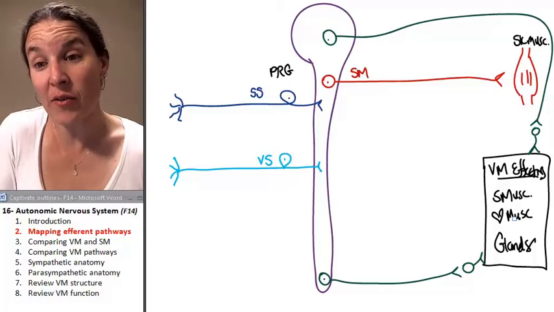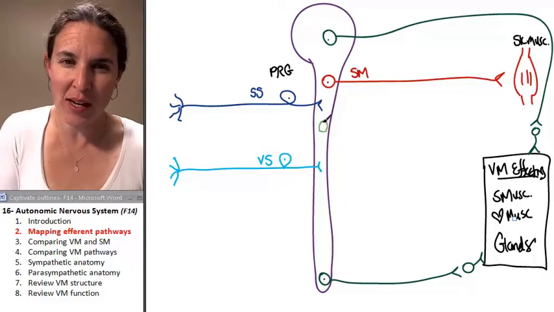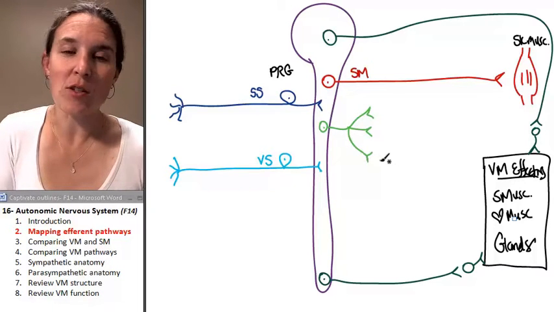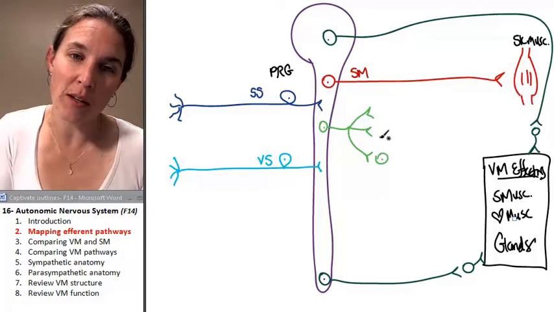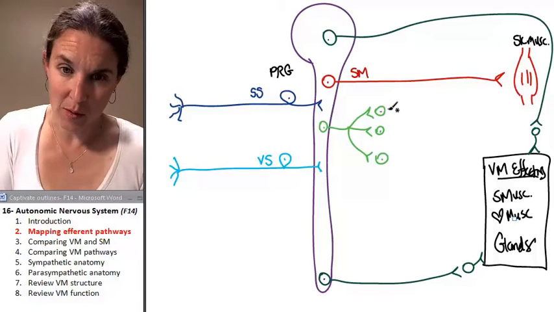We have another flavor of visceral motor that is important to include, and that's this guy. And I am drawing these how I want them. Now look at this one. What do you notice about this one?